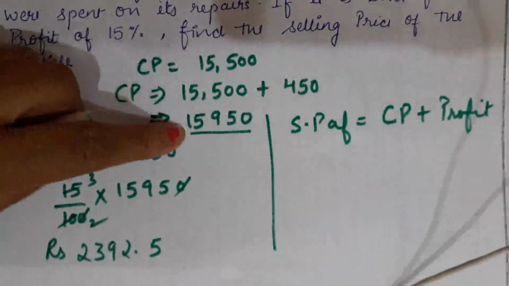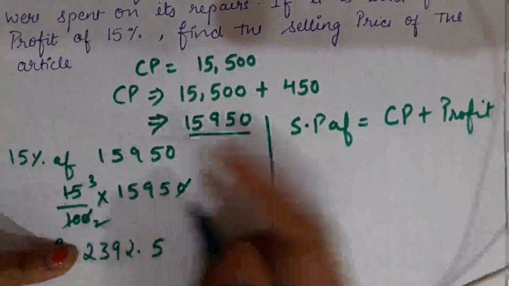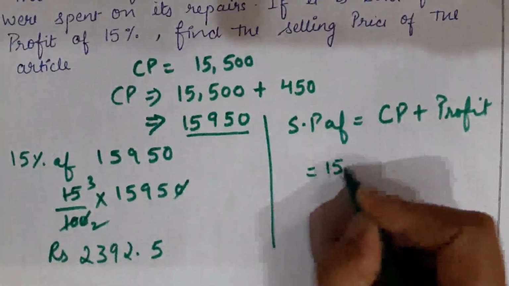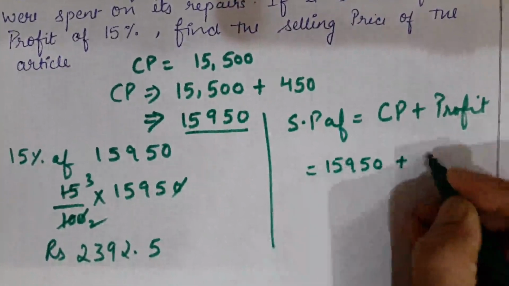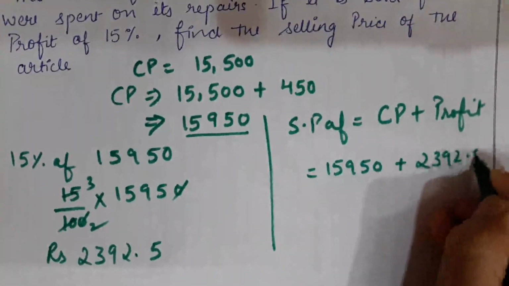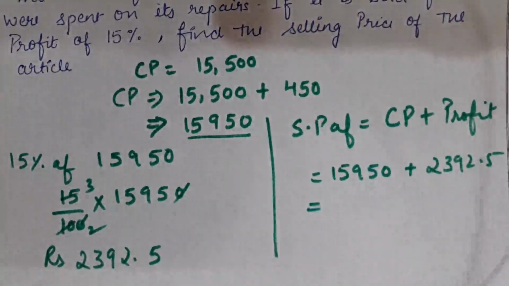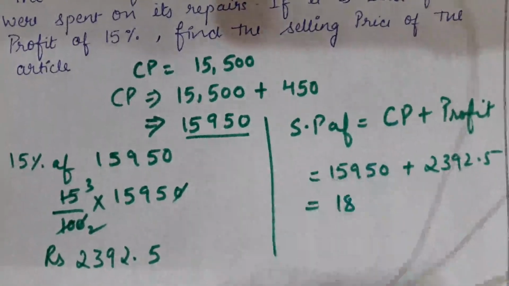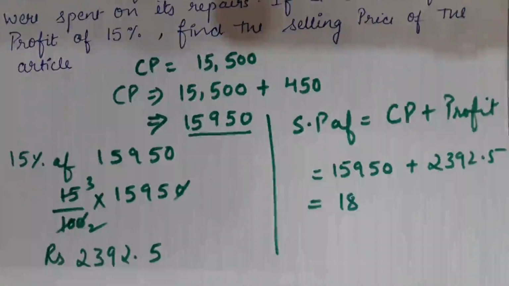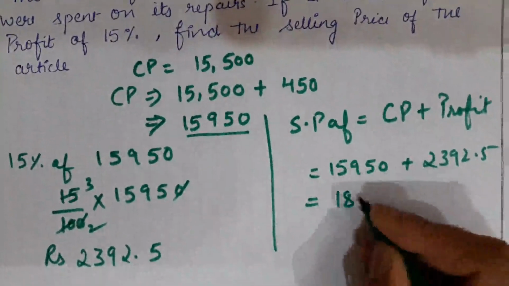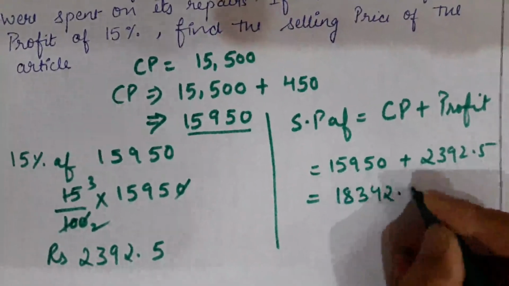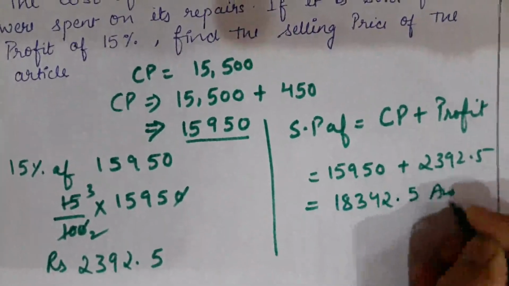So cost price is this, profit is this, add both of them: 15,950 plus profit 2392.5, so you will get 18,342.5. This will be your answer.